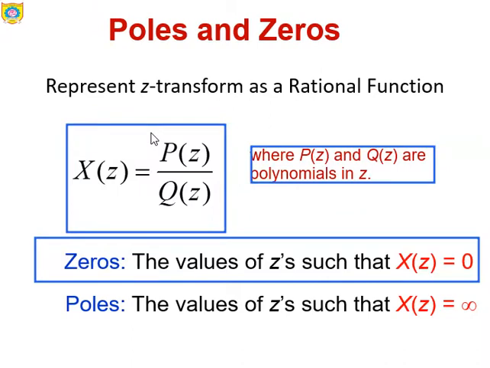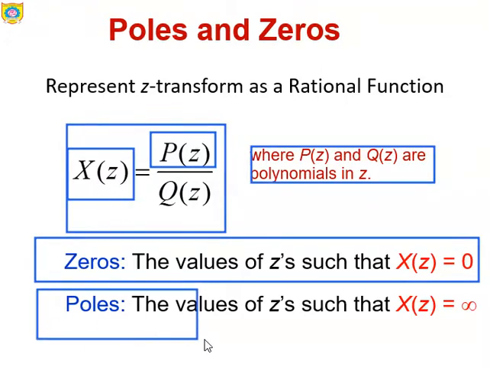It means P of z is a polynomial in z. If I find the values of z which directly give X of z equal to 0, these values represent the zeros of X of z.